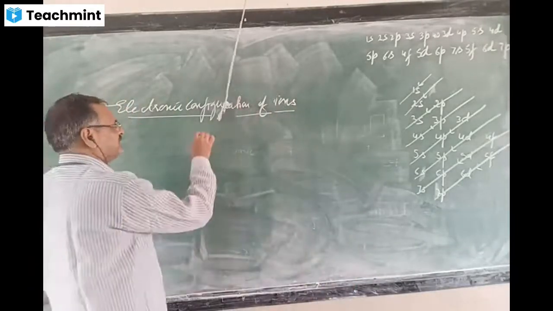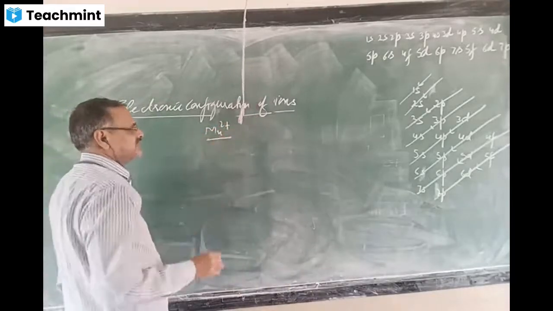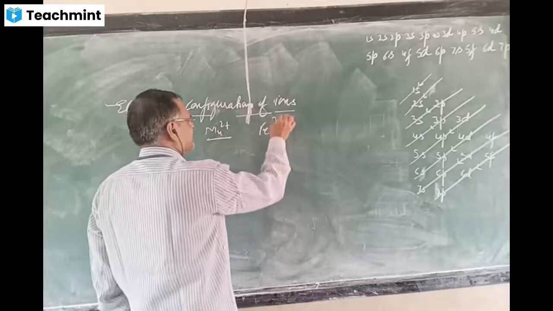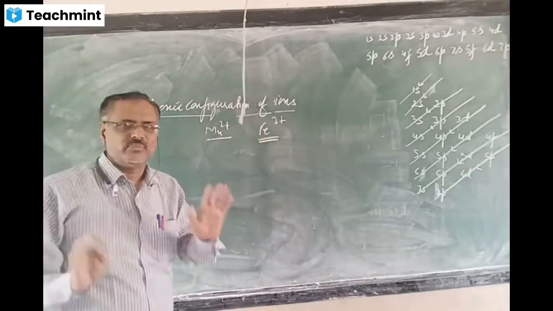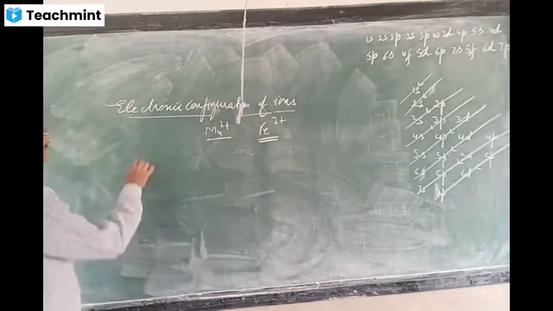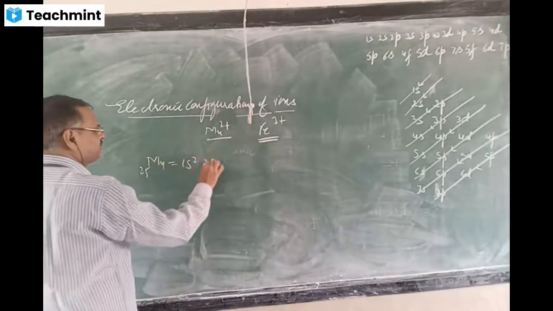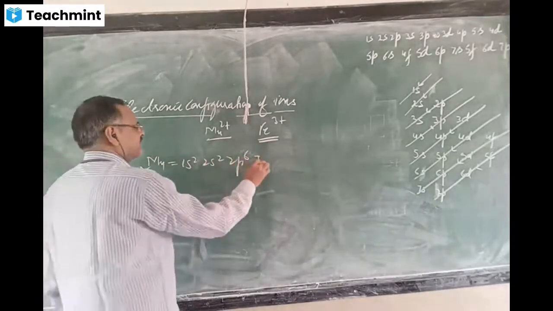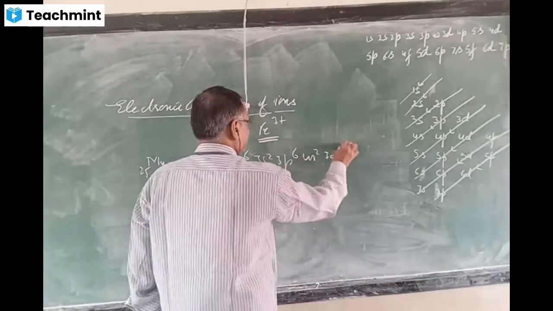Suppose I ask you to write the electronic configuration of Mn2+ and Fe3+. For this, first you write the normal electronic configuration. For example, Mn 25: 1s2, 2s2, 2p6, 3s2, 3p6, 4s2, 3d5.